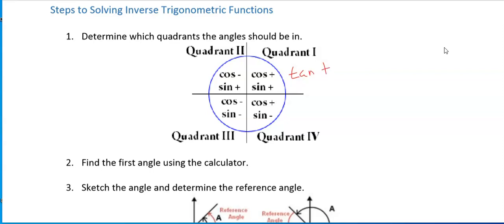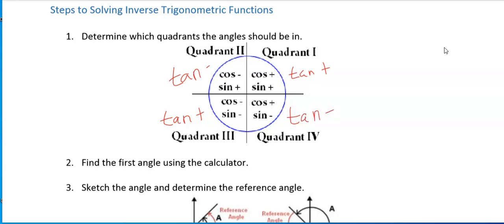In quadrant number 2, the sine is positive, the cosine is negative, and the tangent is also negative. In quadrant number 3, both the sine and the cosine are negative, but the tangent is positive. And in quadrant number 4, the sine is negative, sorry, the cosine is positive, and the tangent is also negative.